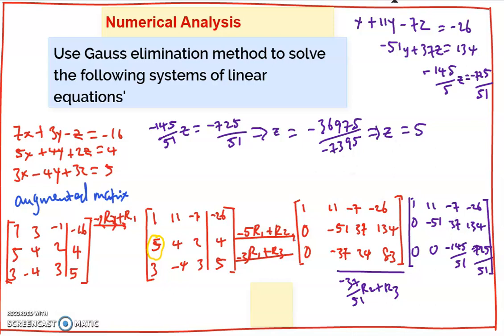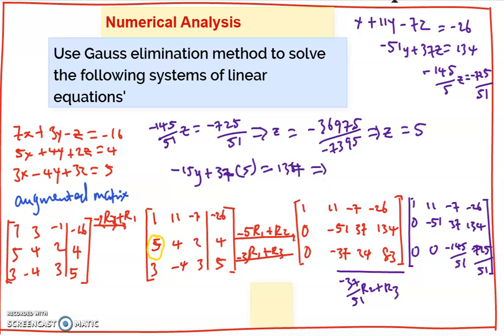We now need to substitute 5 in the second equation, which has negative 15y plus 37z. Our value for z is 5, so we multiply 37 by 5, and this will give us 185.